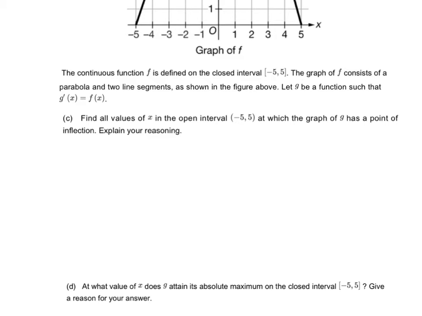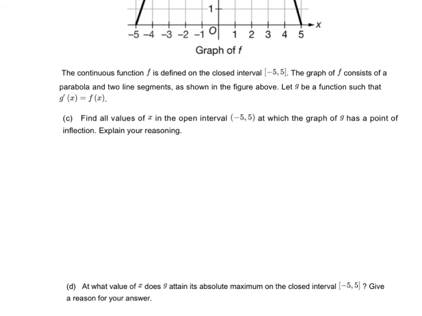Find critical values, put those on a number line for the second derivative, and see if it changes sign across the critical values. If it changes sign, it's an inflection point. If it doesn't change sign, or if it's not defined in the original, then it's not an inflection point.